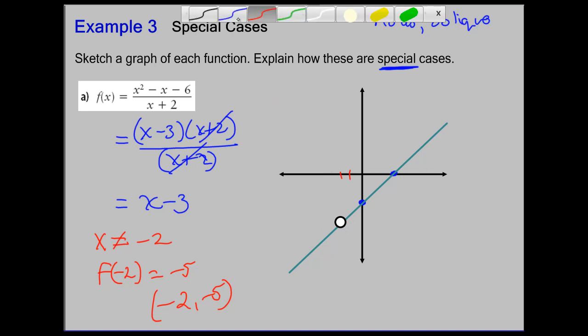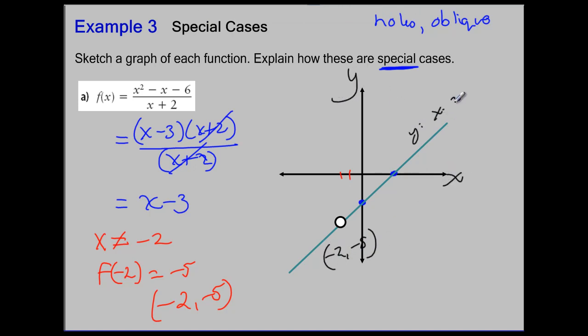We would label it with our known point, -2 and -5. So this is called a hole in the function. It is discontinuous at the point. It's really as if there is a vertical asymptote all along this point. We don't normally draw the vertical asymptote in, but you could.